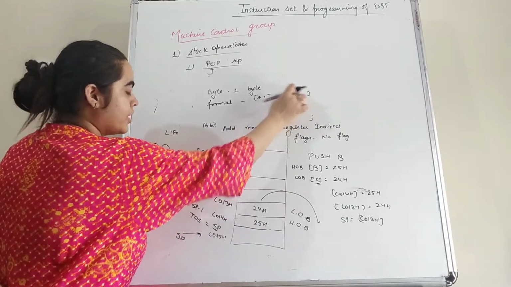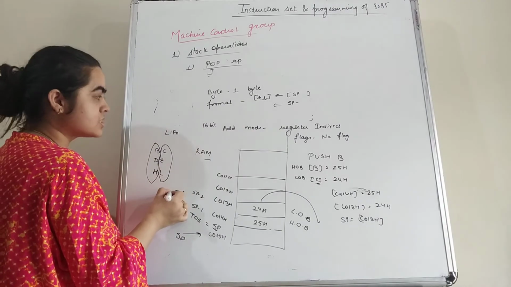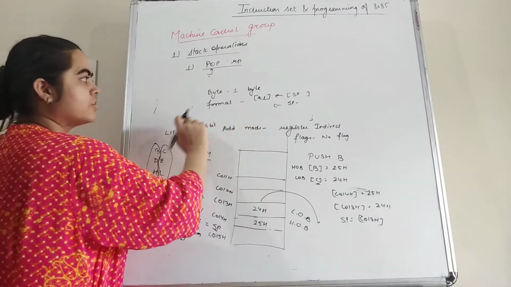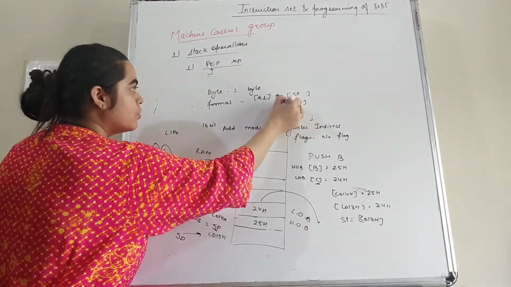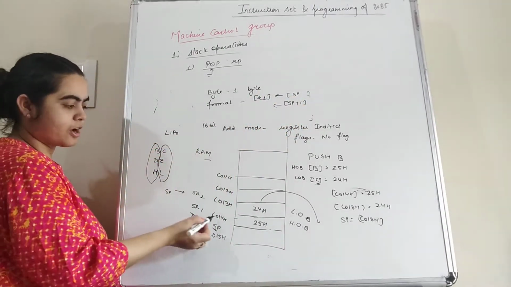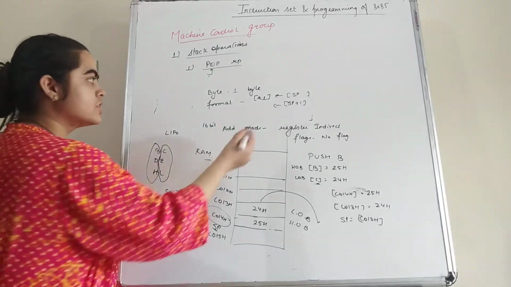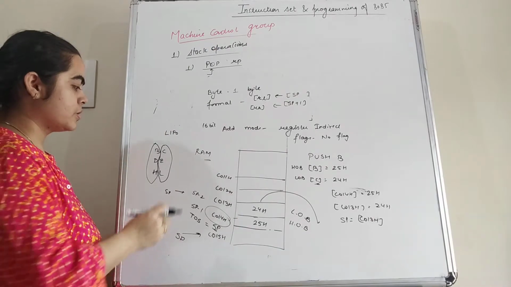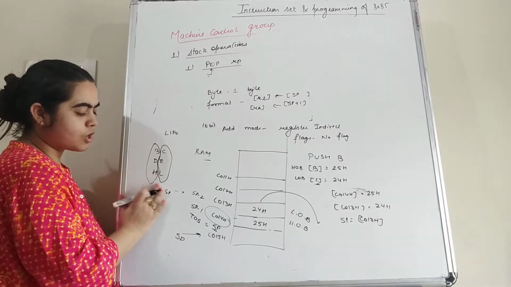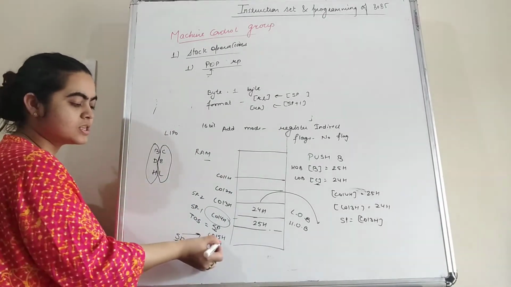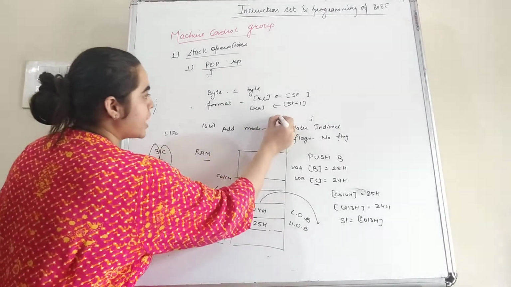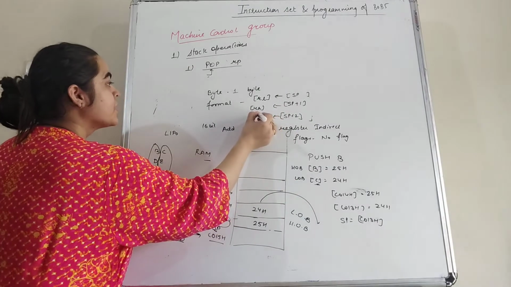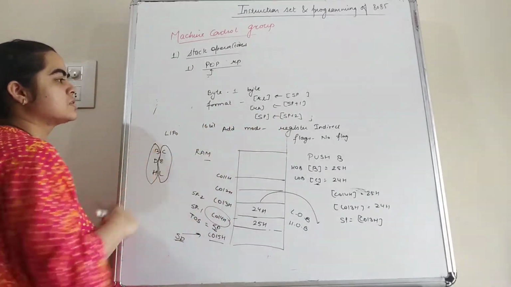Now the current stack pointer is this. So the value at the stack pointer goes into the lower order byte of the register, and the value at the address greater than the stack pointer, that is C014H, goes into the higher order byte of the register pair. And after popping these values, the current location of the stack pointer is C015H. So that means at last the stack pointer has the value SP plus 2. So this is the format.